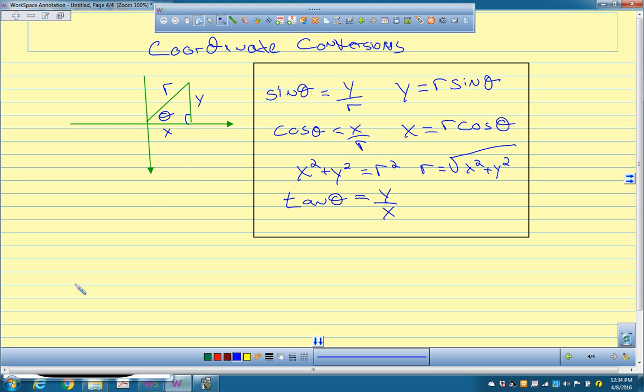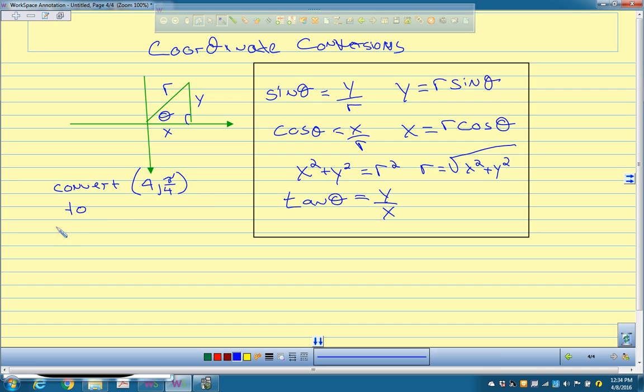So let's do this. Convert 4 comma pi over 4, which is in r theta form or polar form, to rectangular, which means xy form.